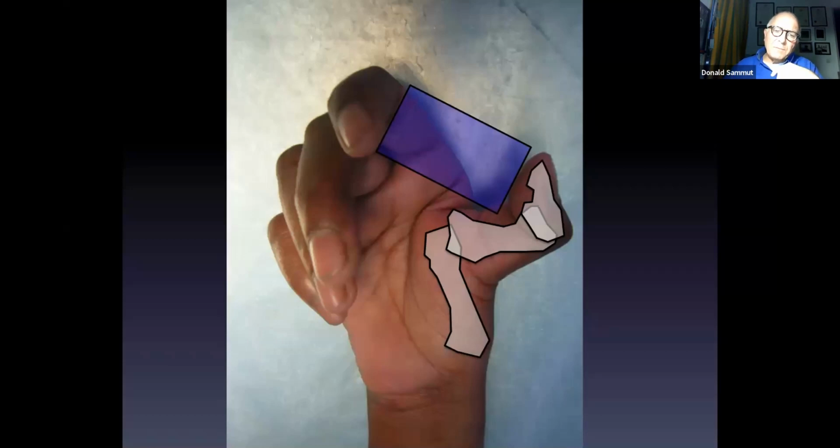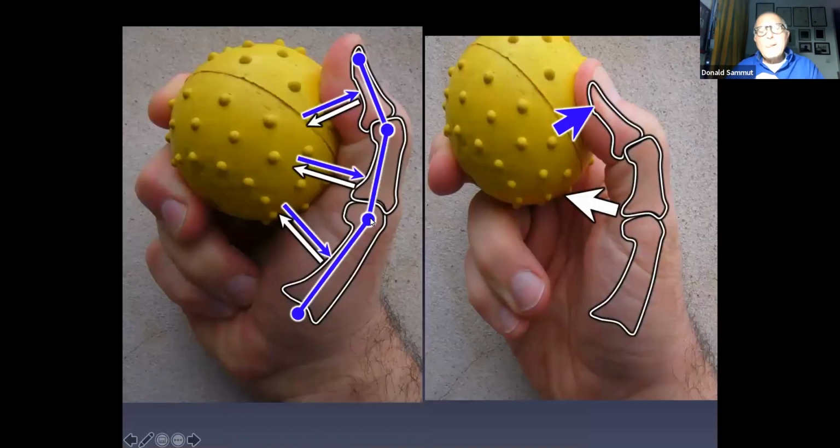And if you observe them carefully when they hold an object, they will tend to hold it as I have shown on the left. This is my hand posing here, in order for the object itself to provide stability and to prevent the joint buckling forwards, as it does on the right, as you can see here.